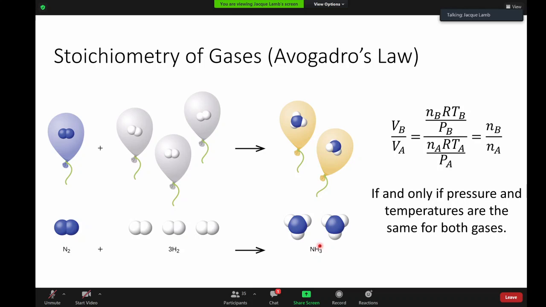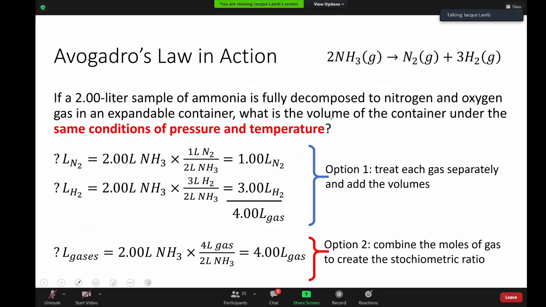Because the volume of a gas is a measure of the number of molecules of gas, as long as they're at the same pressure and temperature, we can say that 1 volume of nitrogen will react with 3 volumes of hydrogen to form 2 volumes of ammonia. And that's true because as long as they're at the same temperature and pressure, they will contain the same number of moles. So we can see that in action.